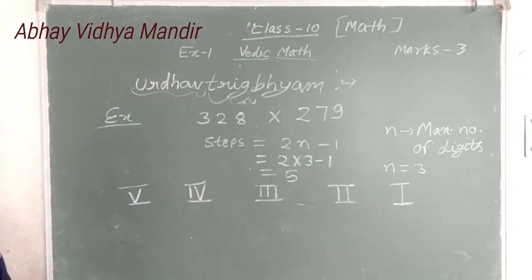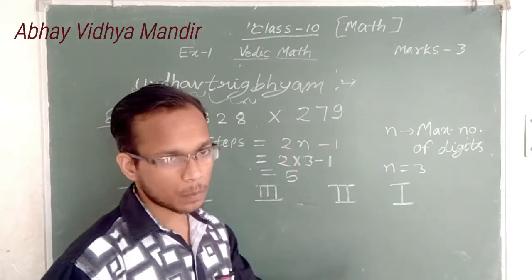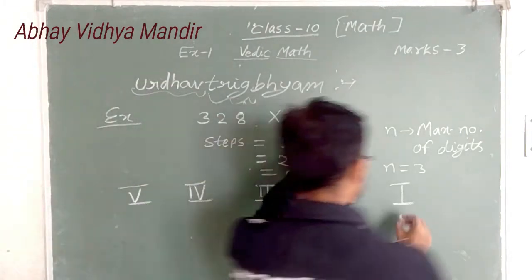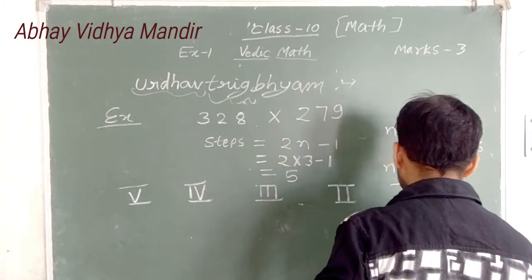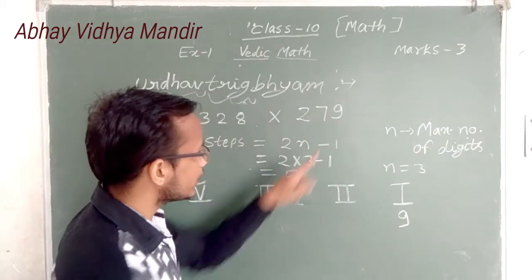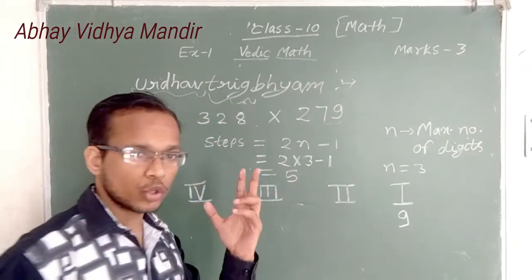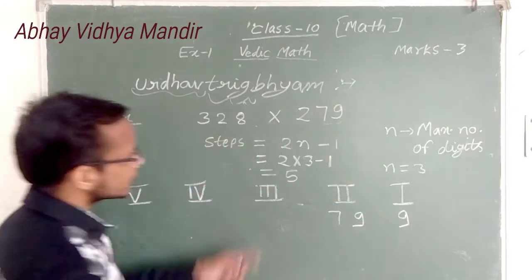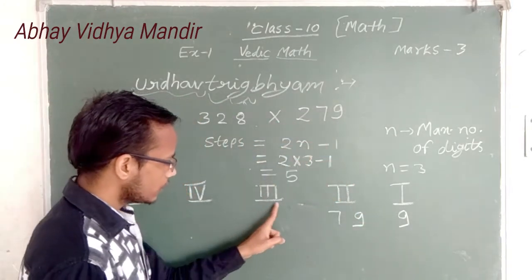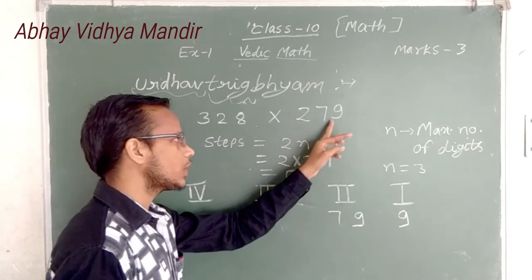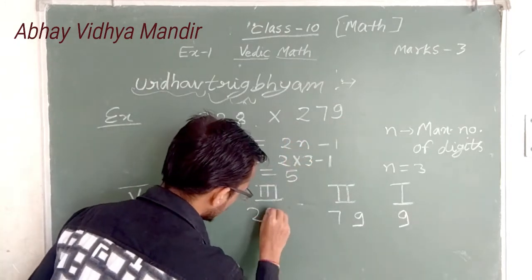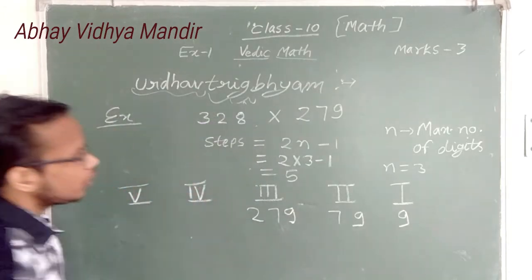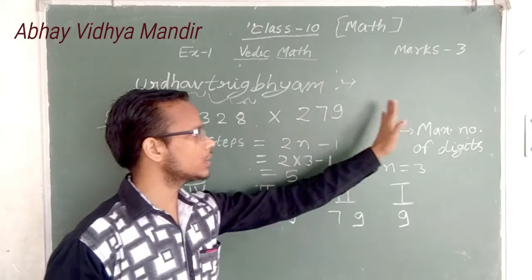Now we arrange all the digits in this way. First 9, then second is 2 digits, so 79. And the third is 3 digits, so 279. Okay, now we have completed this portion.